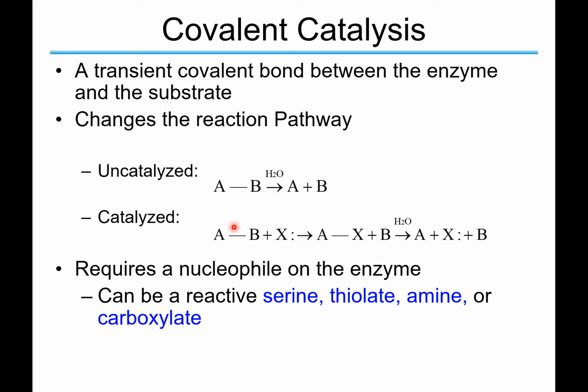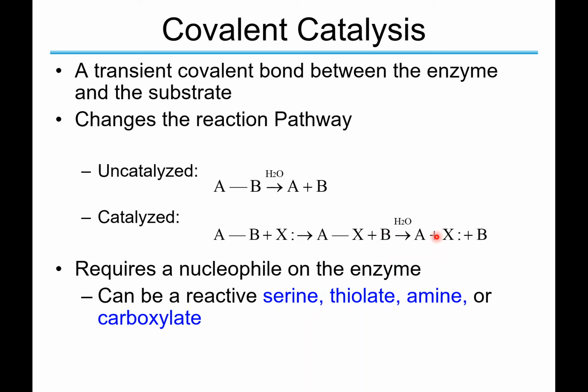To catalyze this, what would it look like? Well, you have that AB molecule still, but then you have plus X, and X would be an amino acid side chain in the active site of the enzyme. So AB plus that enzyme, you form a covalent bond between the enzyme and part of the molecule, and the other part of that molecule leaves.